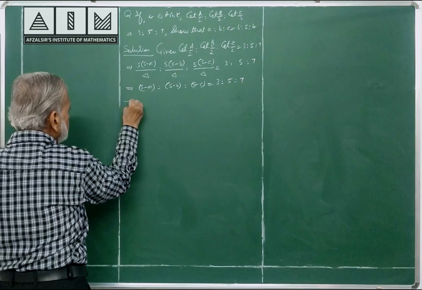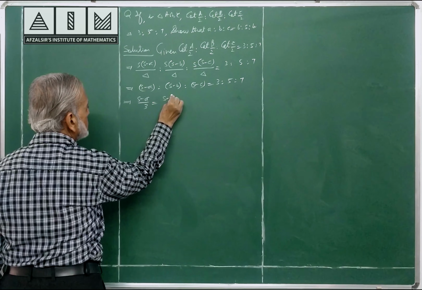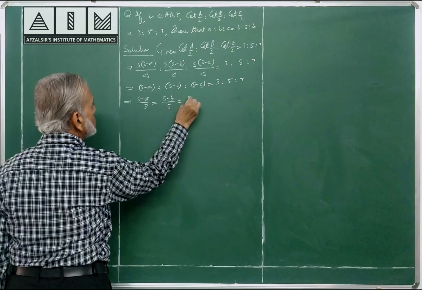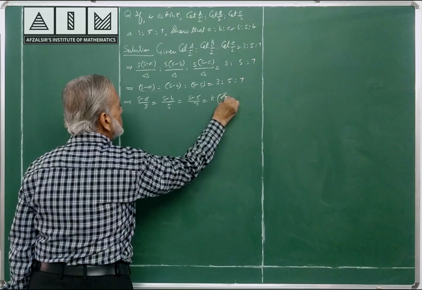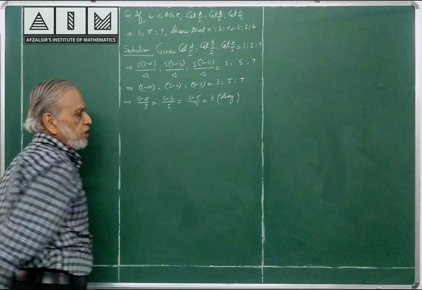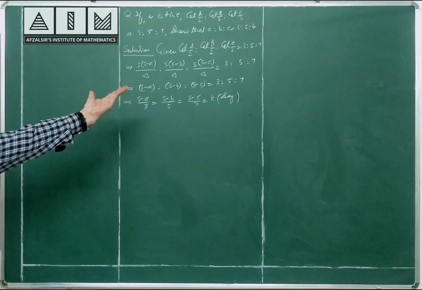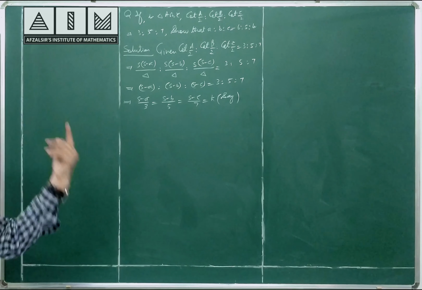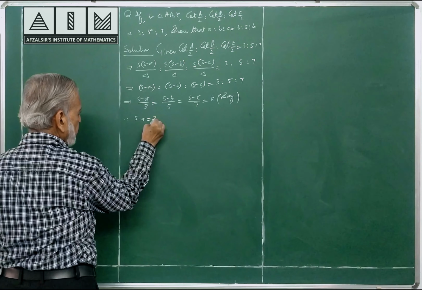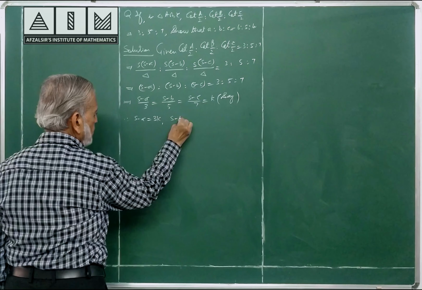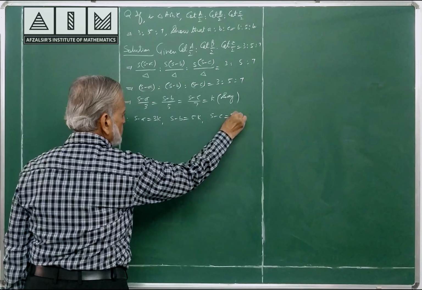May I rewrite: S minus A by 3 is equal to S minus B by 5 is equal to S minus C by 7 is equal to K. Suppose, say means suppose. Therefore, S minus A is 3K, S minus B is 5K, S minus C is 7K.